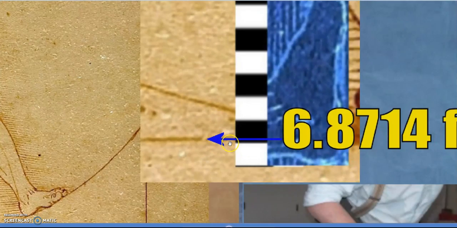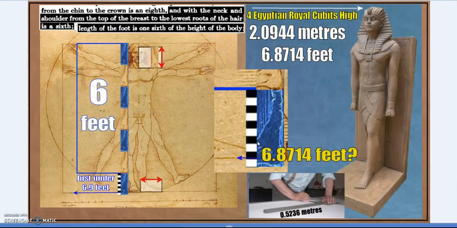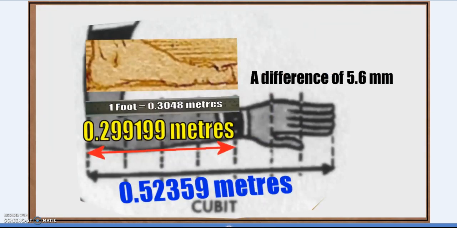Actually it looks to be a little bit under 6.9 feet, because 6.8714 English feet is 2.0944 meters, or 4 Egyptian royal cubits. The height of the human body, 4 cubits. Therefore, an Egyptian royal cubit of pi over 6 meters would make the ideal human in that scale 6.8714 feet. They're incorporating information.